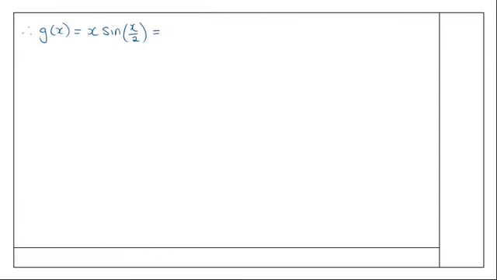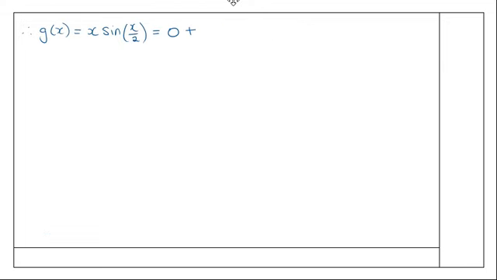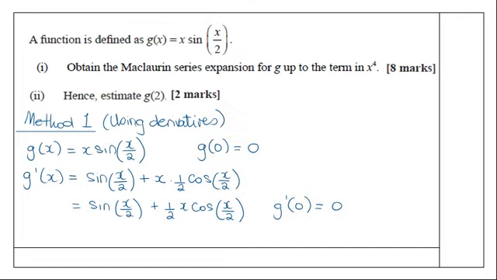I'm going to write it down just for teaching purposes. Plus, the next term is x over 1 times g prime 0. So x over 1 times, and the g prime 0 was also 0.